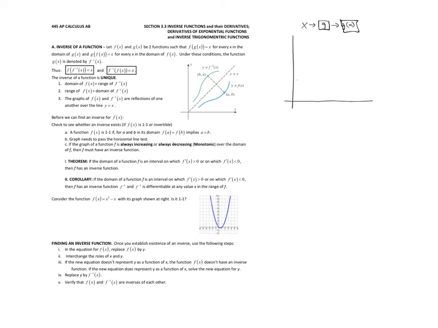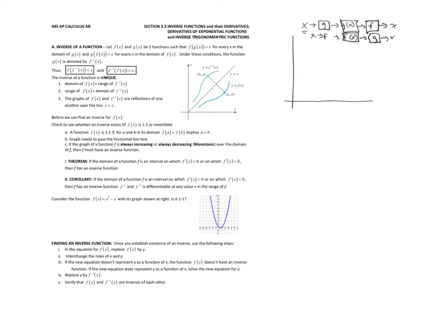Well, if you plug that number into f, it's going to turn it back into whatever x was originally. And the same thing would happen if these roles were reversed. If you put it into f first, it would come out as f of x, and if you put that into g, it's going to come back out as x. So it doesn't matter which order you do it, f of g of x or g of f of x. If f and g are inverses of one another, they're going to return the same thing.